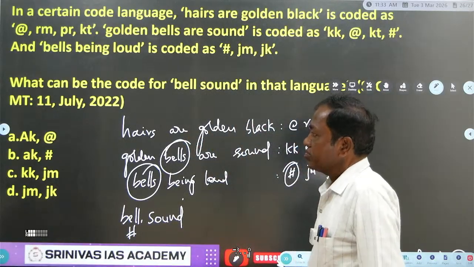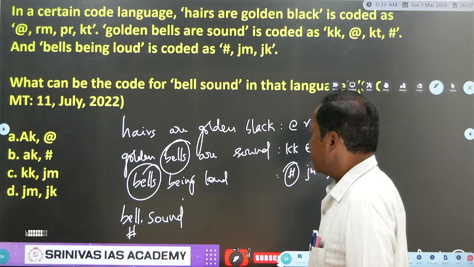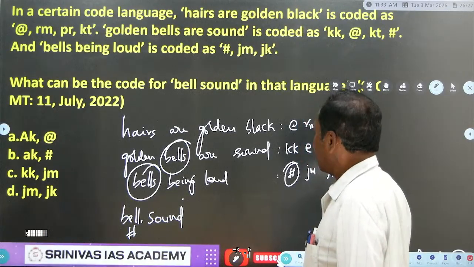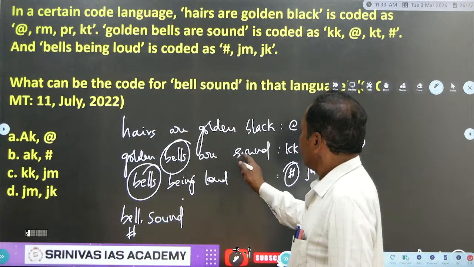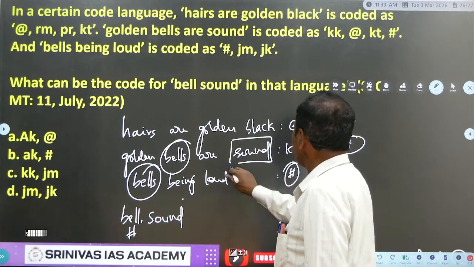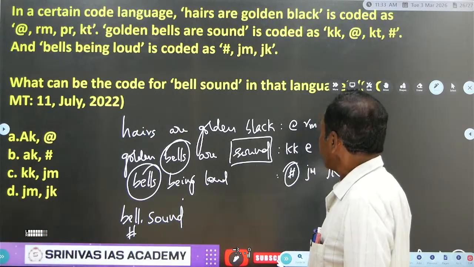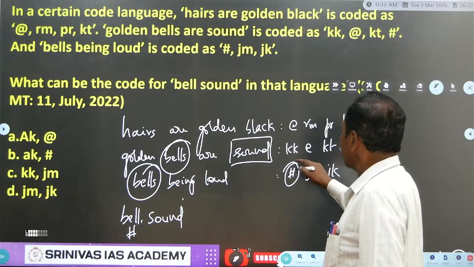So where do you see the sound? Sound can be seen only here. It is an exclusive word. Sound is not repeated either way. Which term is not repeated? KK.